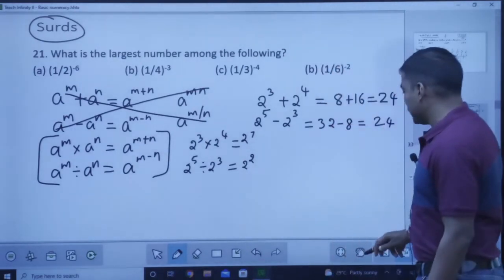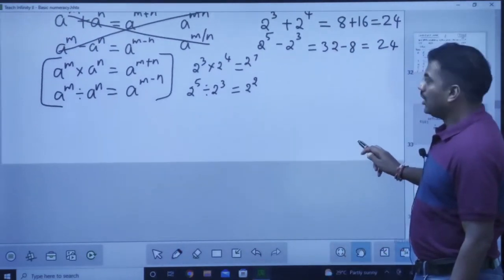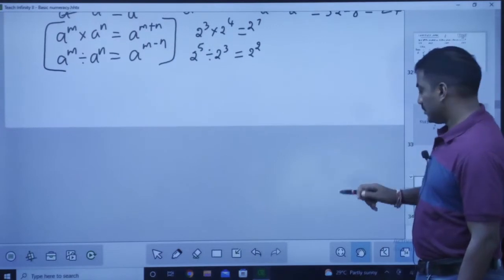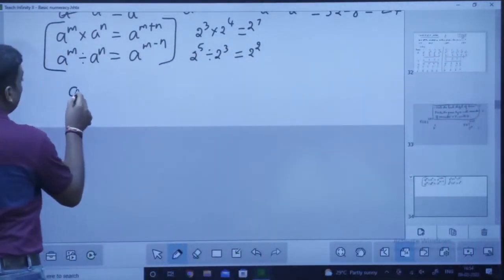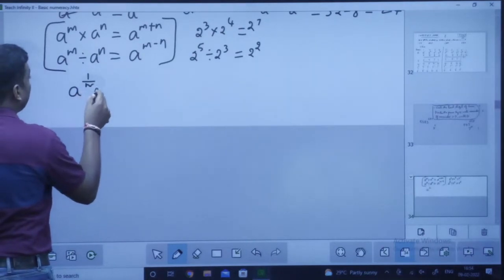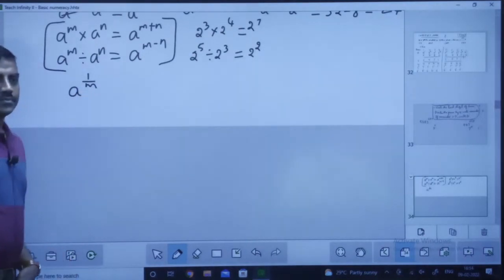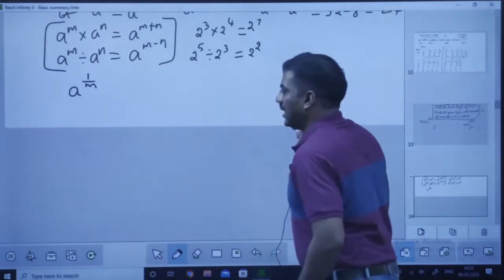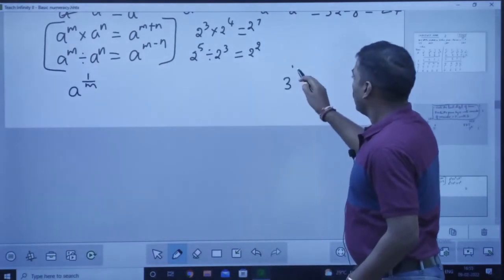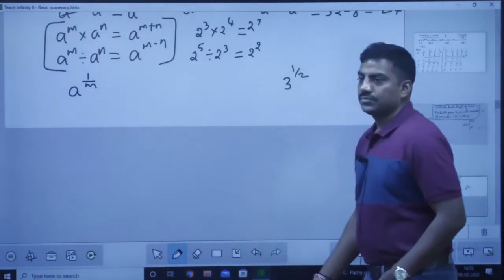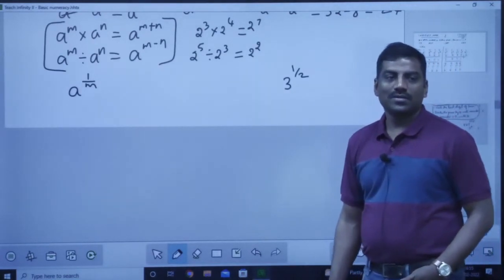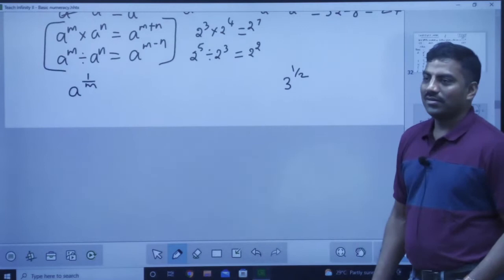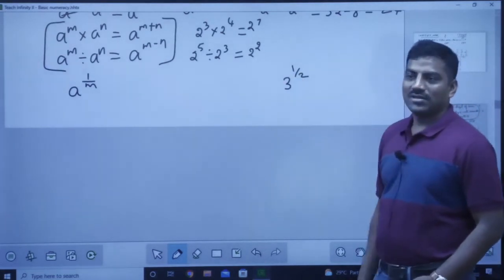Along with these things, we'll learn a few other important things. What about a to the power of 1 by m? Take the example like this, 3 to the power of 1 by 2. What does this mean?